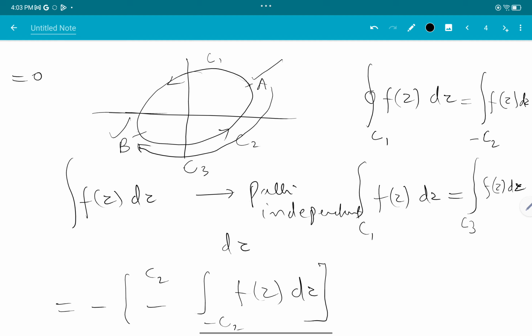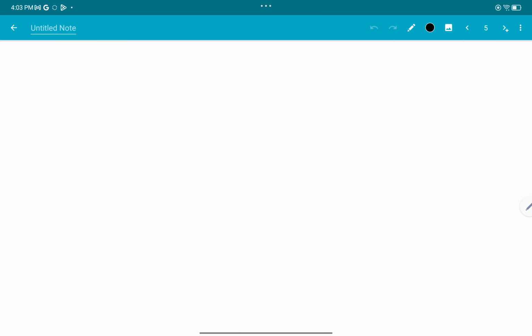Now that we have established that it is path independent, we have some consequences of this. Number one, you have established that for this path, say C1, and another path, say C2, from A to B, the integral along this path and along this path are equal.